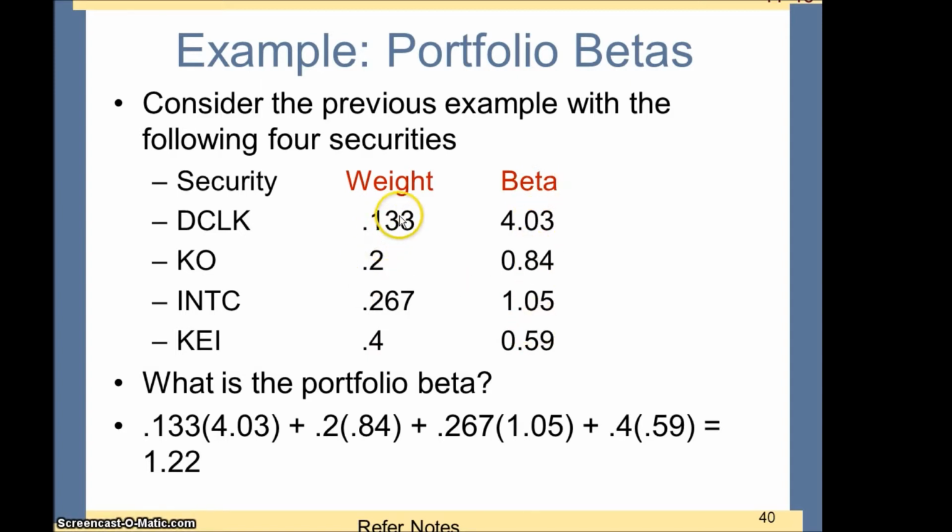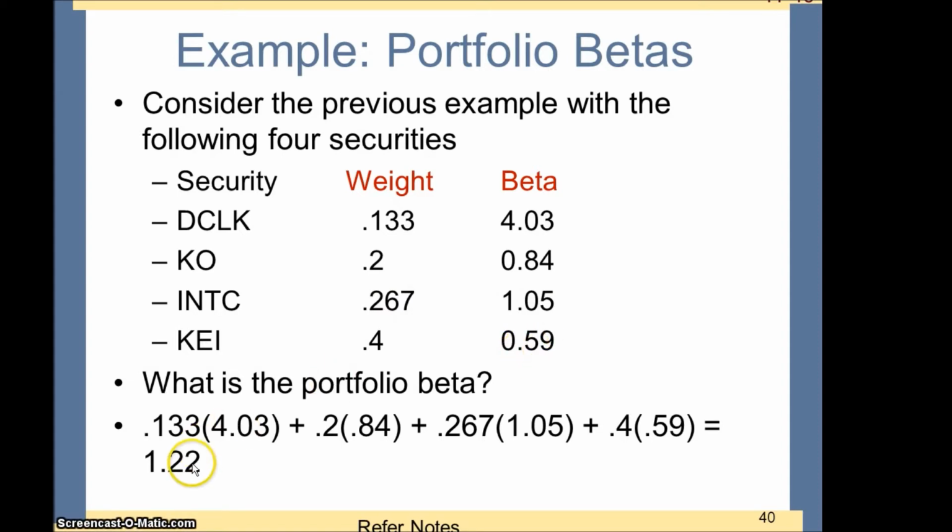So to calculate portfolio beta, you have to use the probability or the rate times its individual beta. So 0.133 times 4.03 plus 0.2 times 0.84 plus 0.267 times 1.05 plus 0.4 times 0.59.